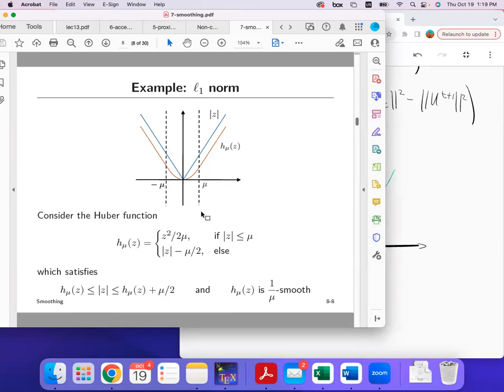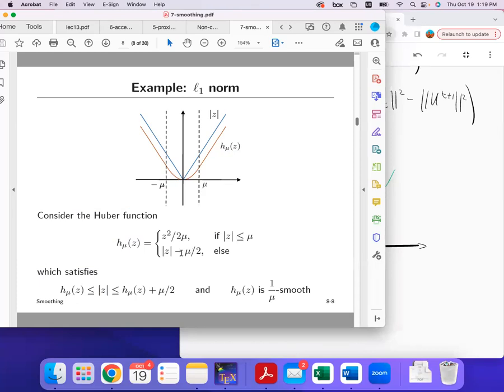Now basically this function is analytically given as follows. When z is between negative mu and mu, we use a quadratic function, z squared over 2 times mu. And outside this region, we use two straight lines.